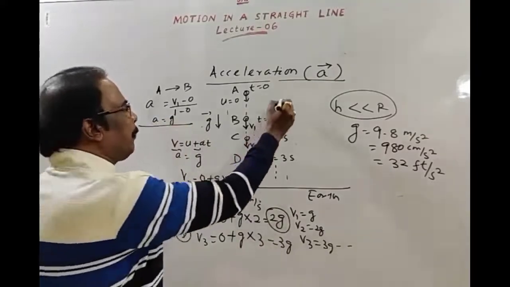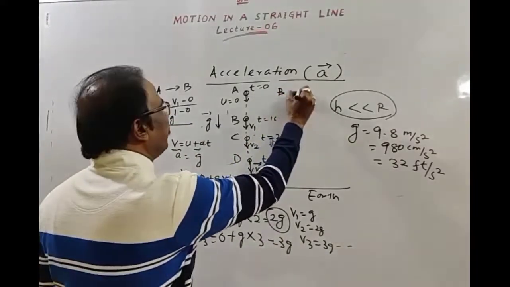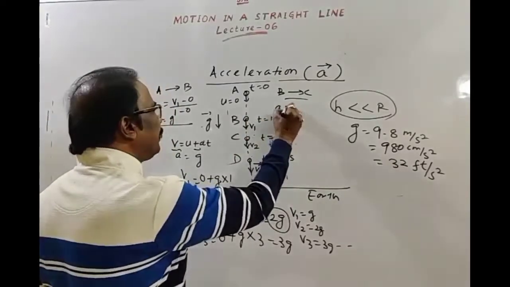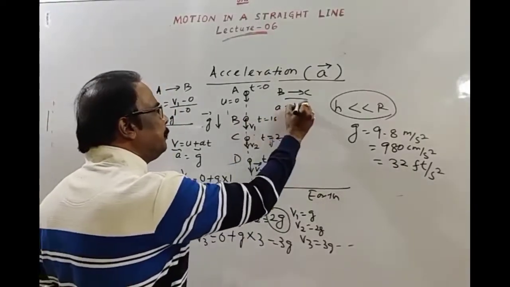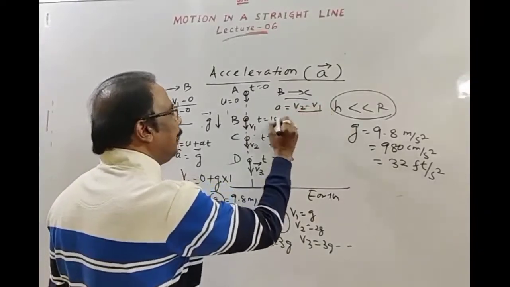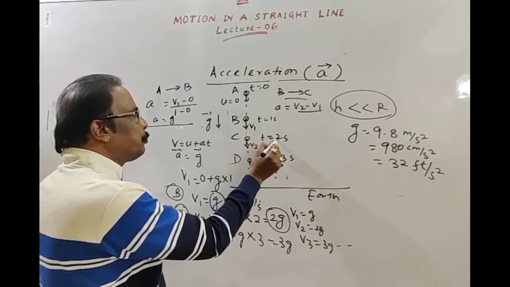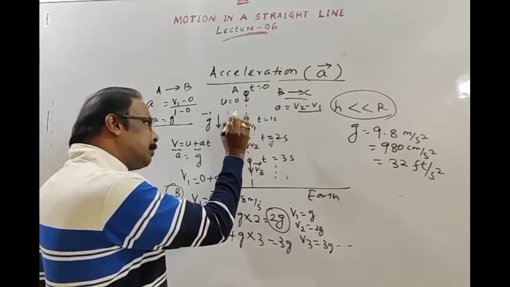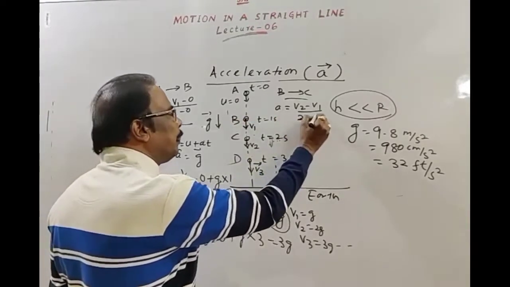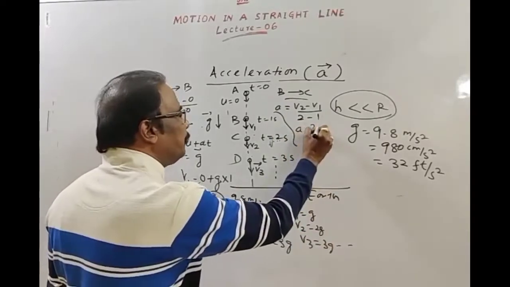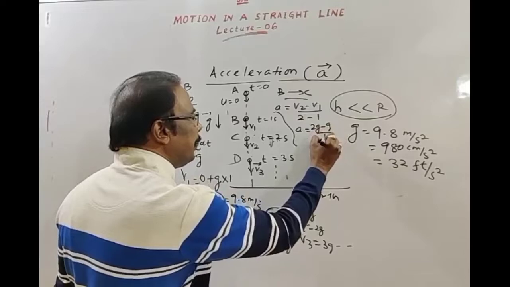Then from B to C, again we calculate acceleration. Change in velocity is v2 minus v1 divided by the interval of time. When the body reaches C, time is 2 seconds, and when it reaches B, time is 1 second, so the interval of time is 2 minus 1. So acceleration is v2 minus v1, which is 2g minus g divided by 1.